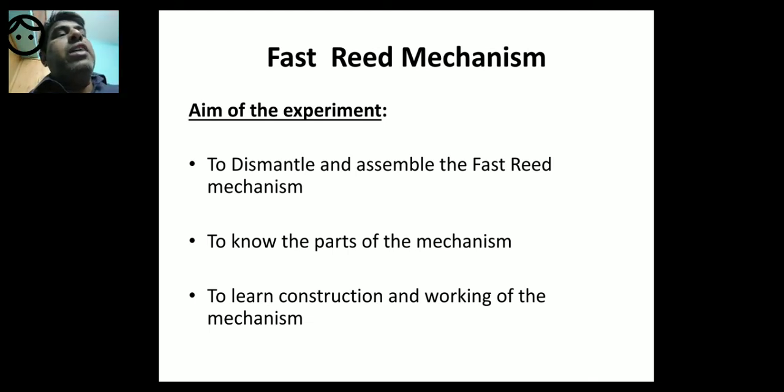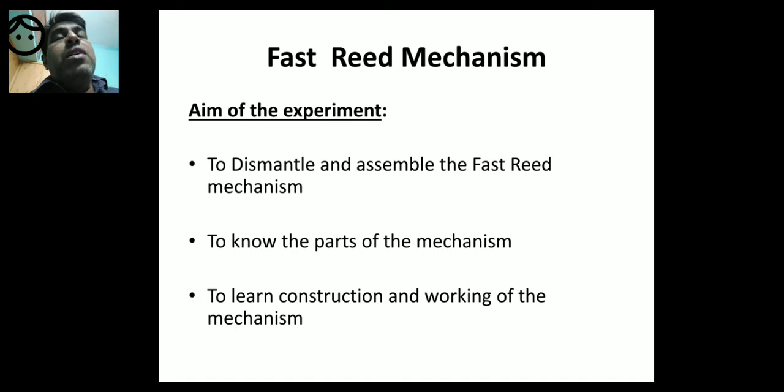So dismantling and assembling, what does it mean? I have told you in all the classes. Dismantling and assembling is nothing but separation of parts: taking out the parts, removing them from the loom, keeping them on the floor and naming them, learning the names of the additional small parts of the important parts, and also the functions of the parts, and knowing the design of the mechanism.